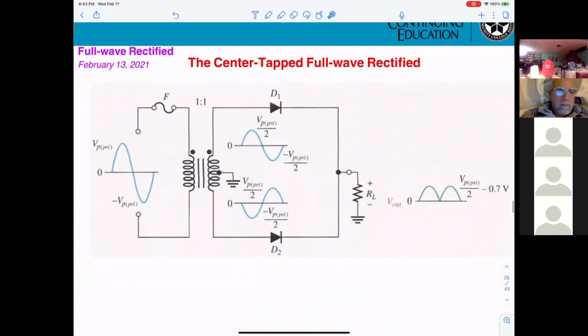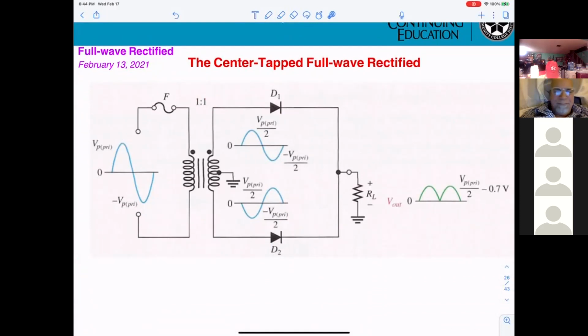And then finally, again, you get half a primary. In this case, you get a 1:1 ratio. What does that mean? Input and output, the secondary will be the same.